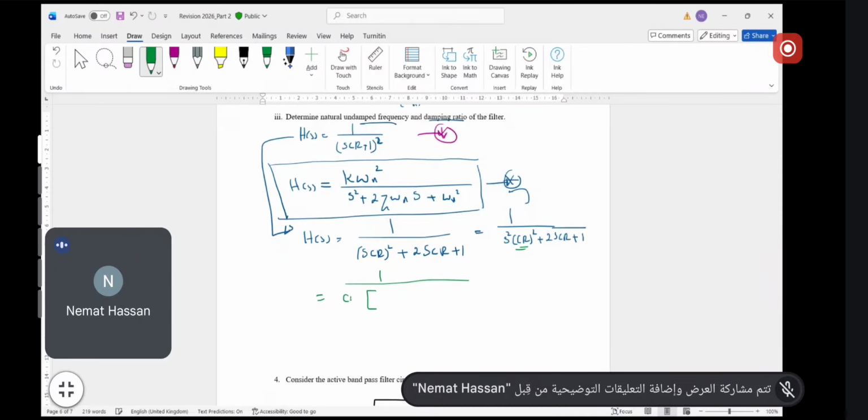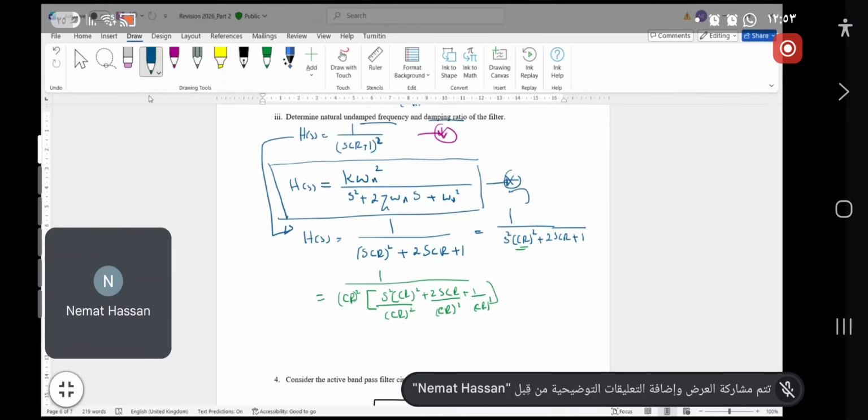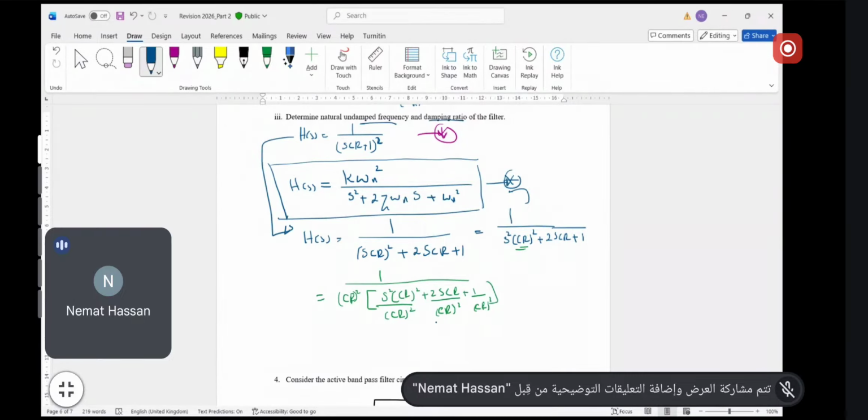Here we'll have S squared CR squared plus 2SCR plus 1, divided by CR squared. Okay? And as if we multiplied and divided by CR squared, so these two cancel each other out.